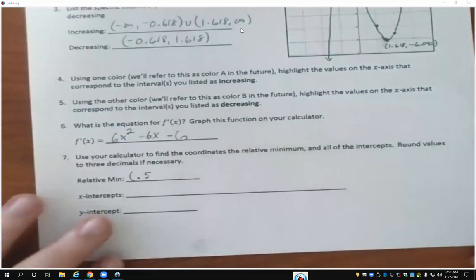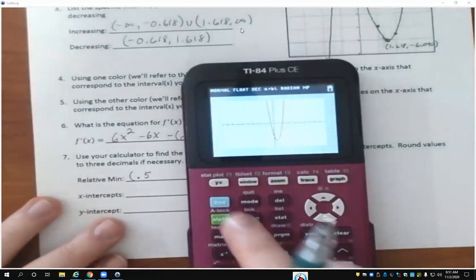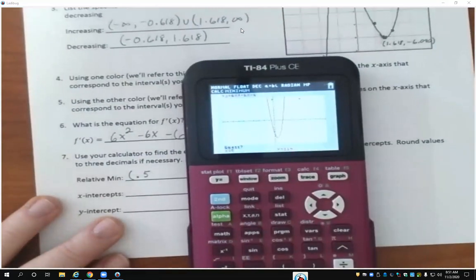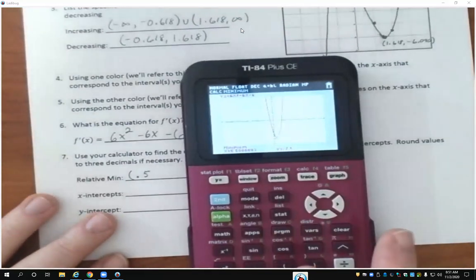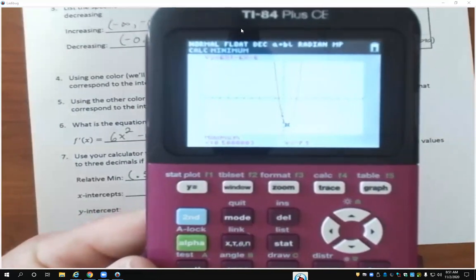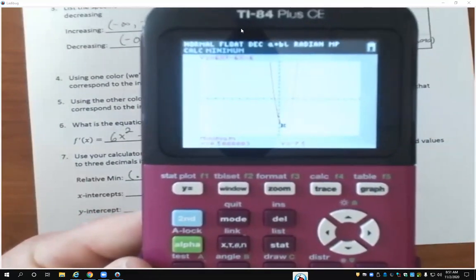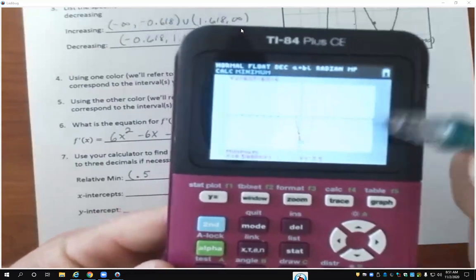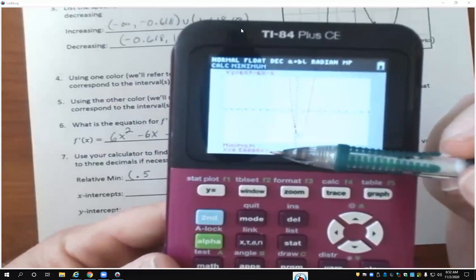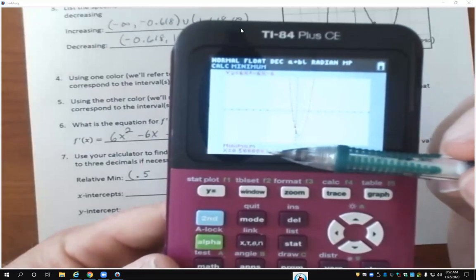Now in your calculator, I'm going to show you this real quick. If I find my minimum, it's somewhere between 0 and 5. I don't know if you can see my calculator very well, but it says the x coordinate is 0.5000003. Sometimes the calculator can be just slightly off, but we're going to 3 decimals anyway.